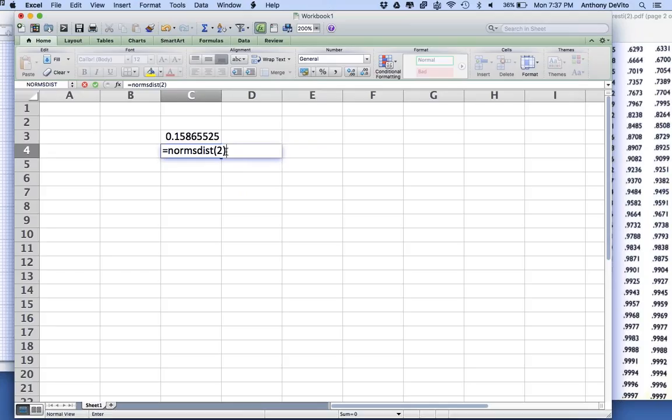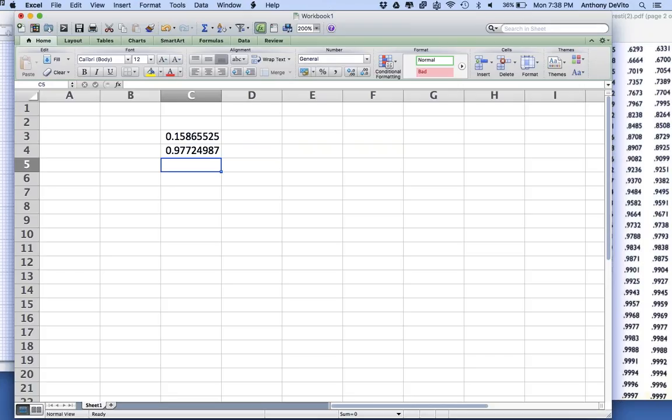So I should see a number around 97.5, 95 plus what's in the lower tail for what's below this z-score. And indeed, I actually get 97.72 because the empirical formula is an estimate. This is more precise than the empirical formula.